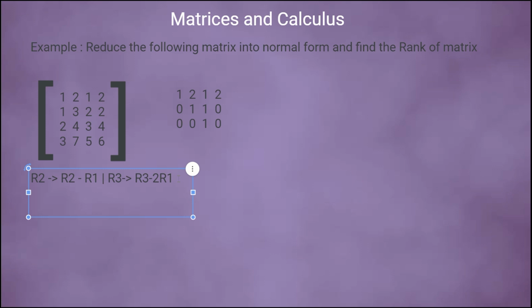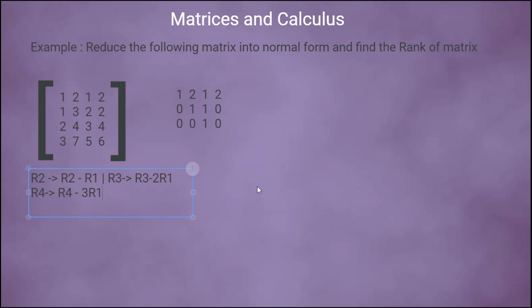Let's write the row operation, that is R4 gives rise to R4 minus 3R1.